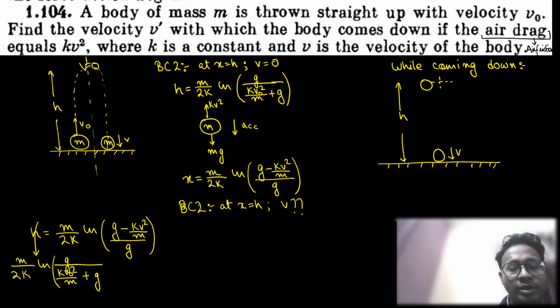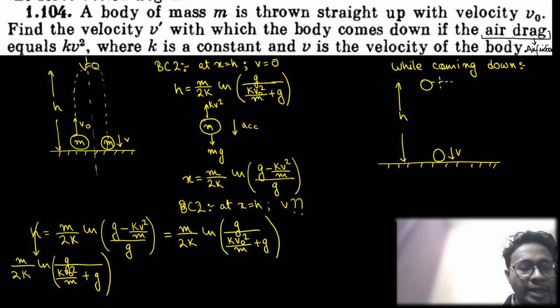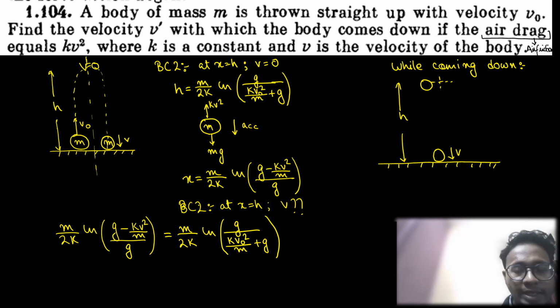So if we rewrite this equation, h equals m by 2k ln of g by (k v naught square by m plus g). Now, can I cancel? Let me rewrite this. I just substituted this one. Can I cancel m by 2k from the left hand side and m by 2k from the right hand side? Obviously.